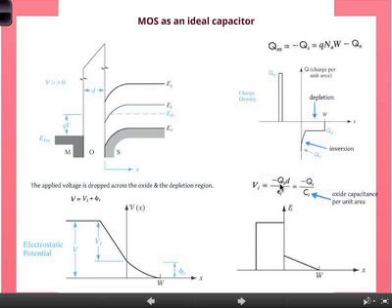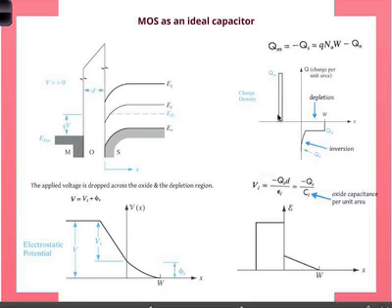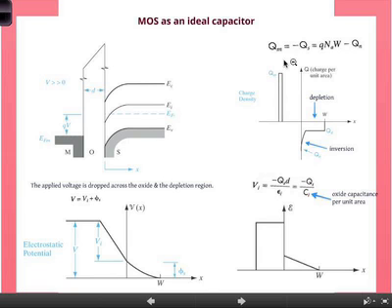And then the voltage is related to the charge essentially by the electric field. If you plot the electric field, remember, charge is minus epsilon times electric field, so electric field is just Q divided by epsilon s, or the integral of that equation, just like here.